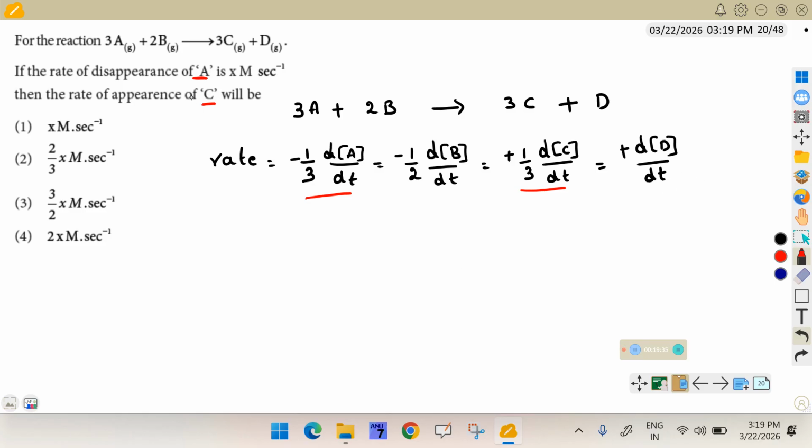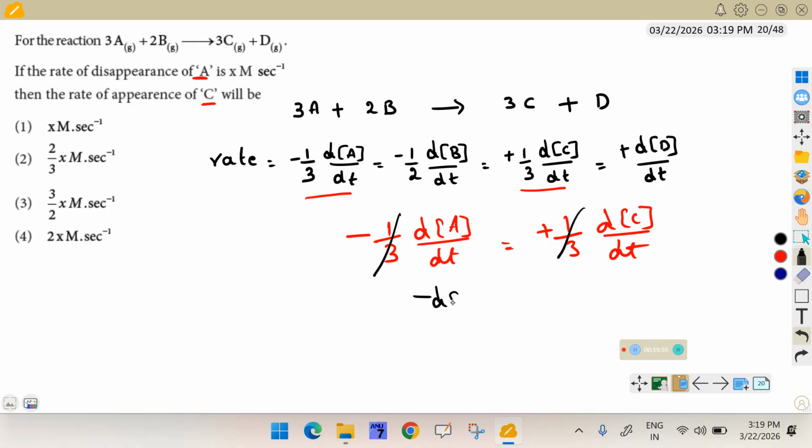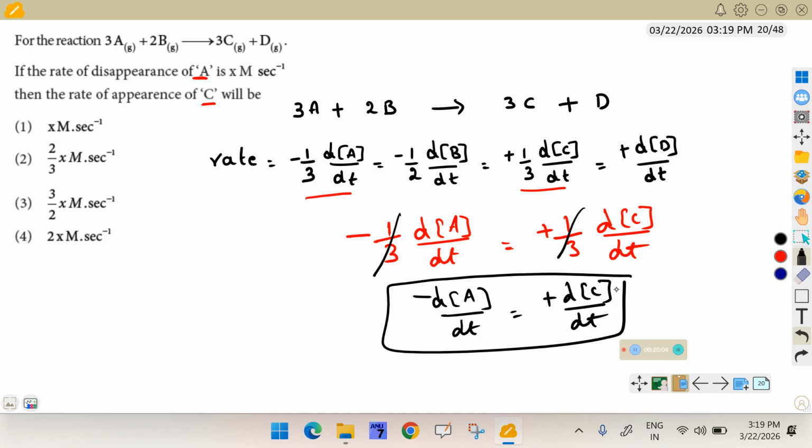The question is related between concentration of A and concentration of C. So minus 1 by 3 dA by dt is equal to plus 1 by 3 dC by dt. So 1 by 3 gets cancelled. Minus dA by dt concentration is equal to dC by dt concentration. That means both remain the same. Correct answer is the first option.